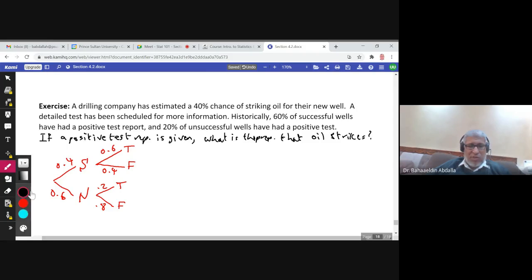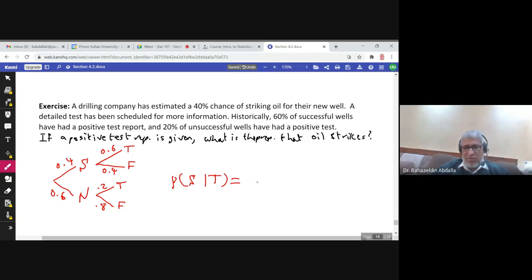So how to answer this question? Now we know that a positive test is given. So it had a positive test. What is the probability of successful? That's the question. What's the probability that oil strikes, or successful?